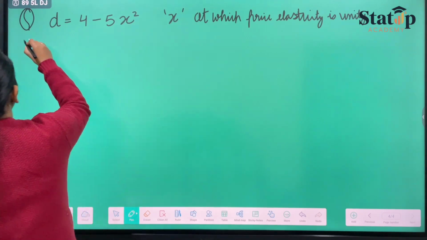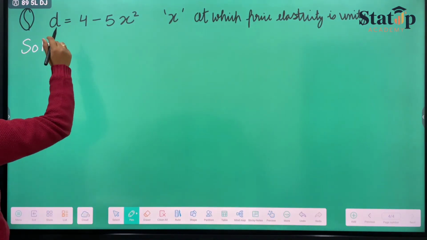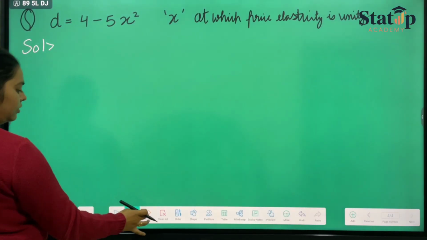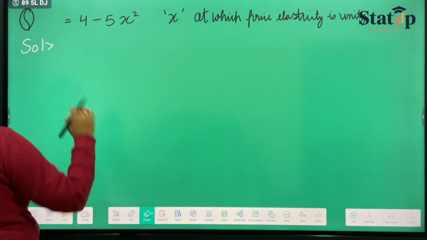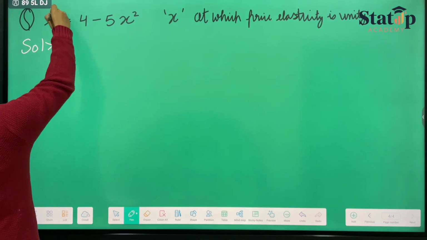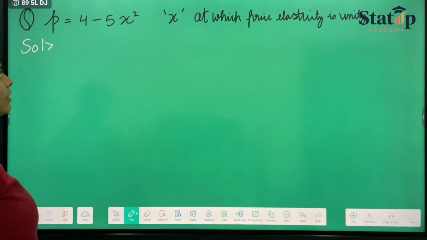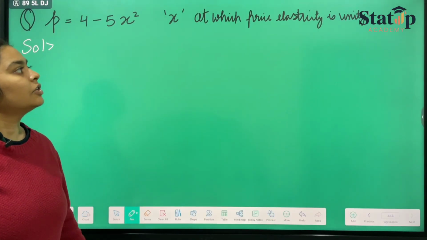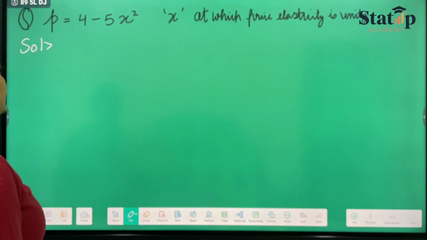So for solving this, this is the price function, not the demand function. And we have to find the value of x, which is demand, at which the price elasticity of demand is unity.